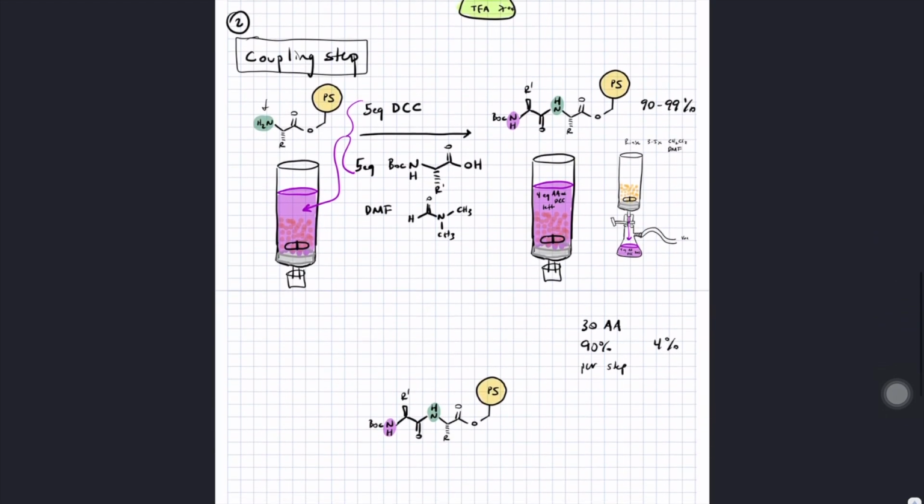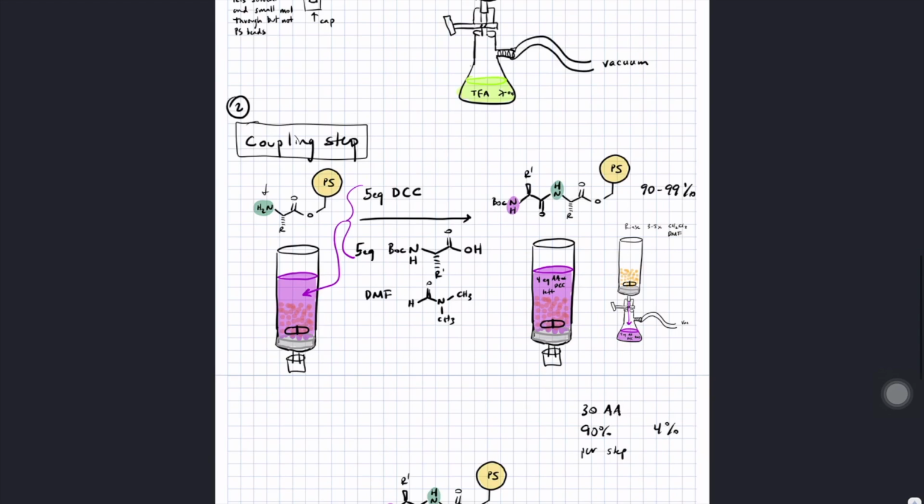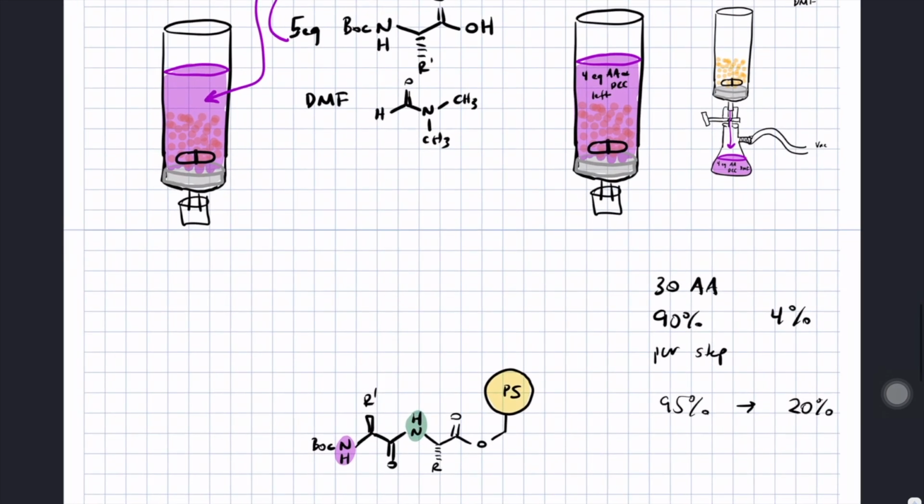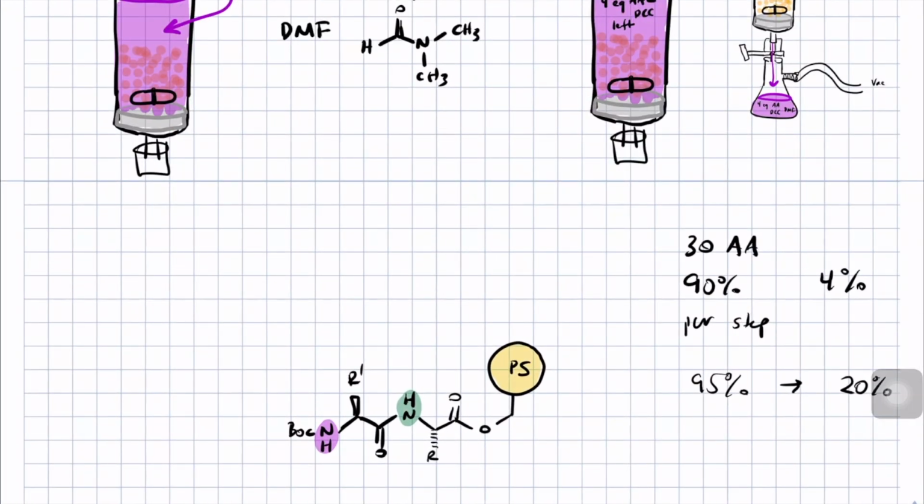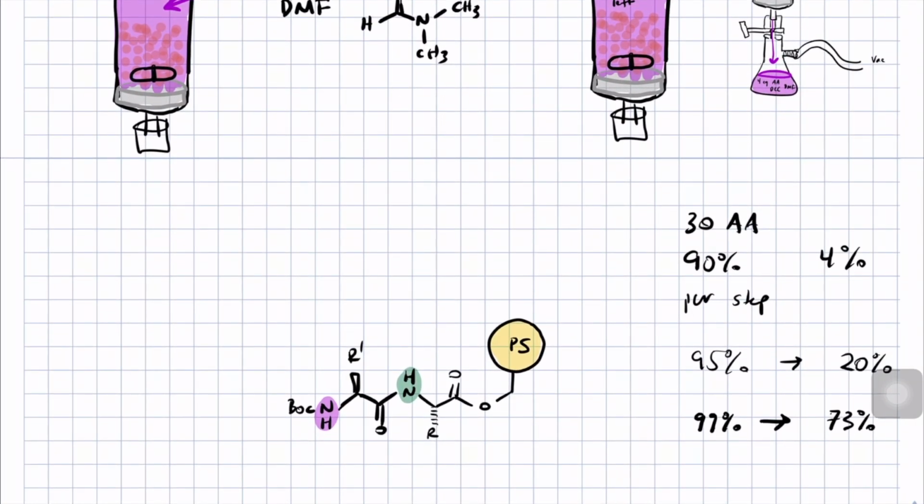If we go to 95% yield per step, we get an overall yield of 20%. And so we can start getting sizable amounts of longer peptides by using this solid phase method. And of course if you can get 99% yield at each and every step, you start to be able to have 73% yield by the time you get to a 30 amino acid peptide.